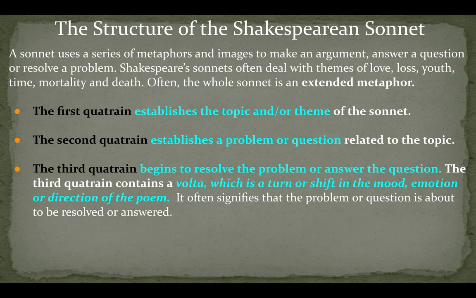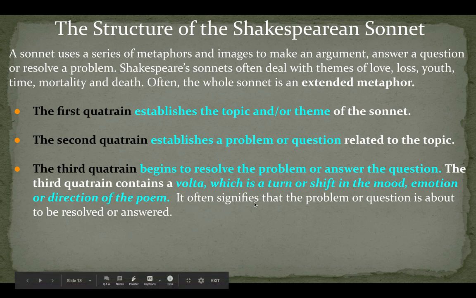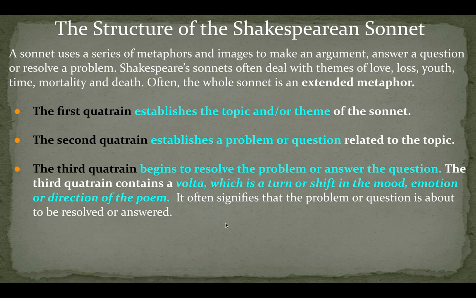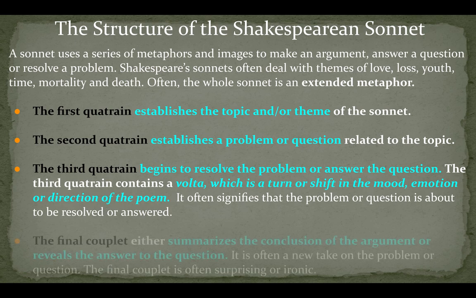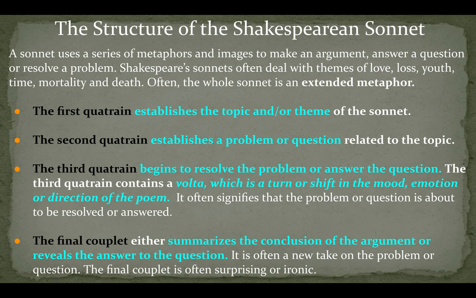And usually it's after the volta, or in the midst of the volta, that the problem starts to be resolved. So we look for that. It's not always easy to find the volta, or sometimes it's subtle, sometimes it's obvious, but we do look for it.